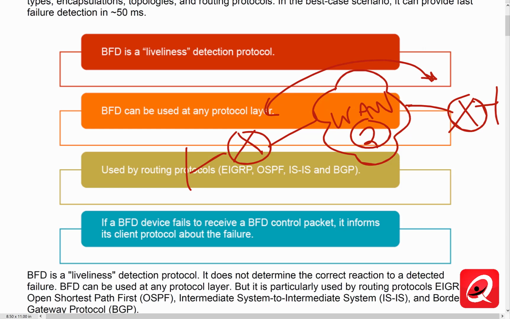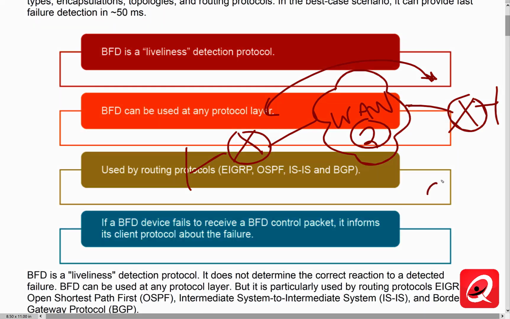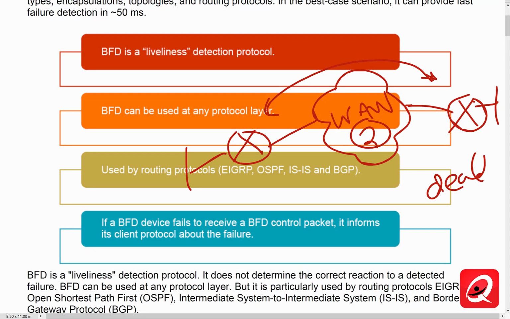Now, EIGRP has built into it a mechanism for neighbor loss detection, and that mechanism is called a dead timer. We have a hello time and we have a dead time: 5-second hello timer, 15-second dead timer, depending on the type of circuit.